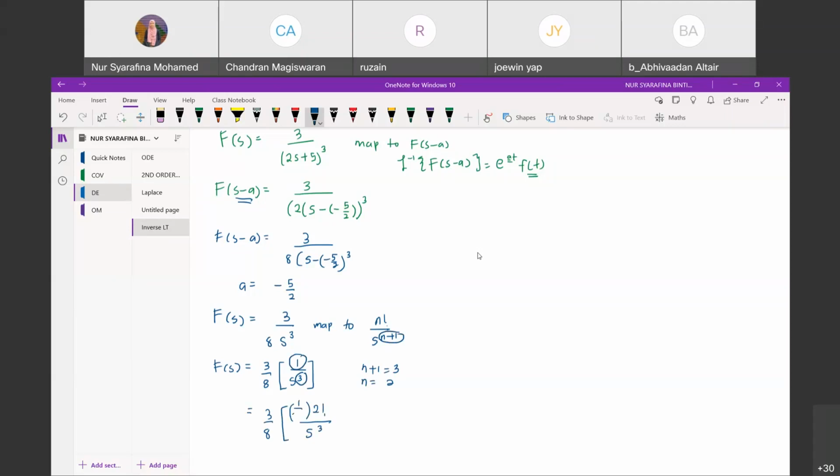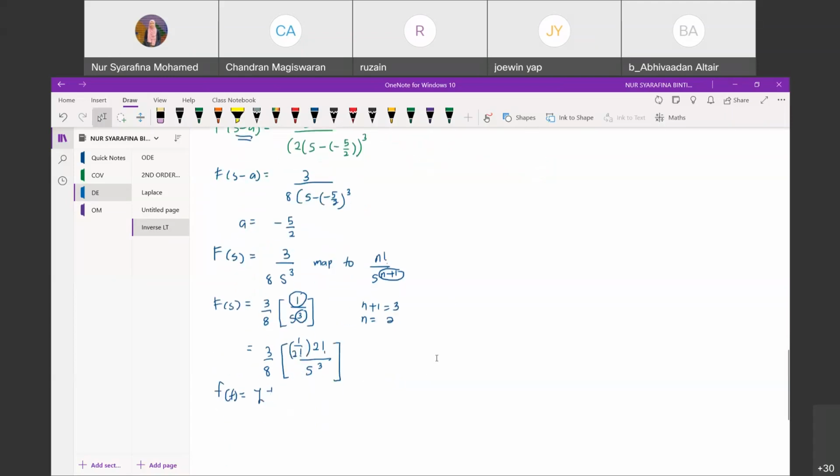Just multiply this by 1 over 2 factorial. Okay, clear or not? So f(t) equals the inverse transform of 3 over 8 times 1 over 2 factorial times 2 factorial over s cubed.